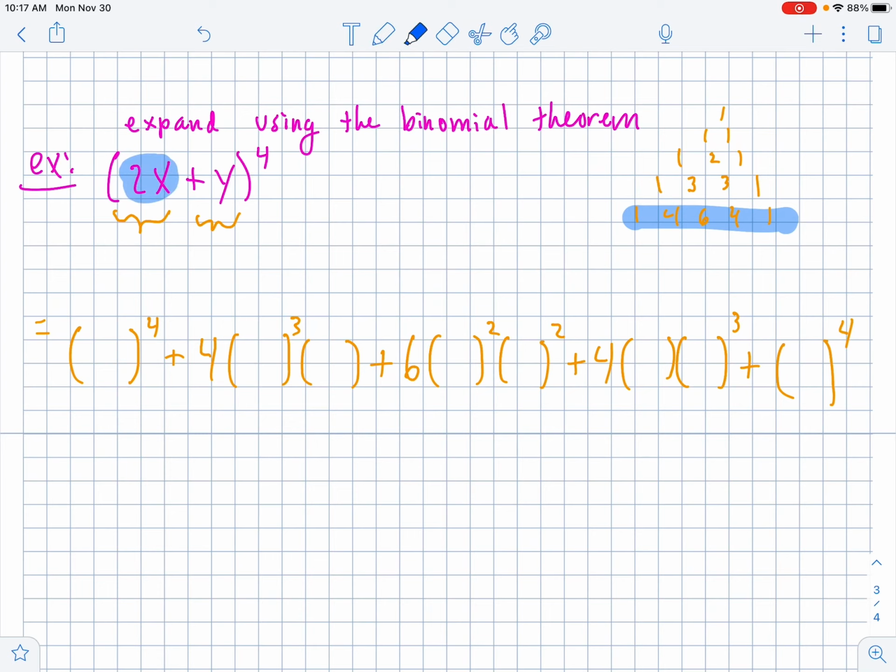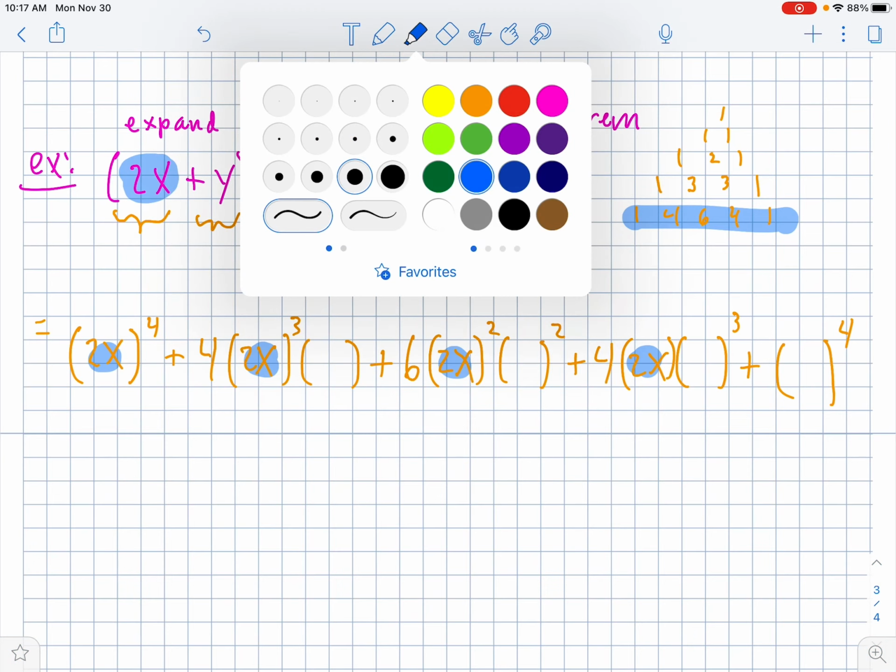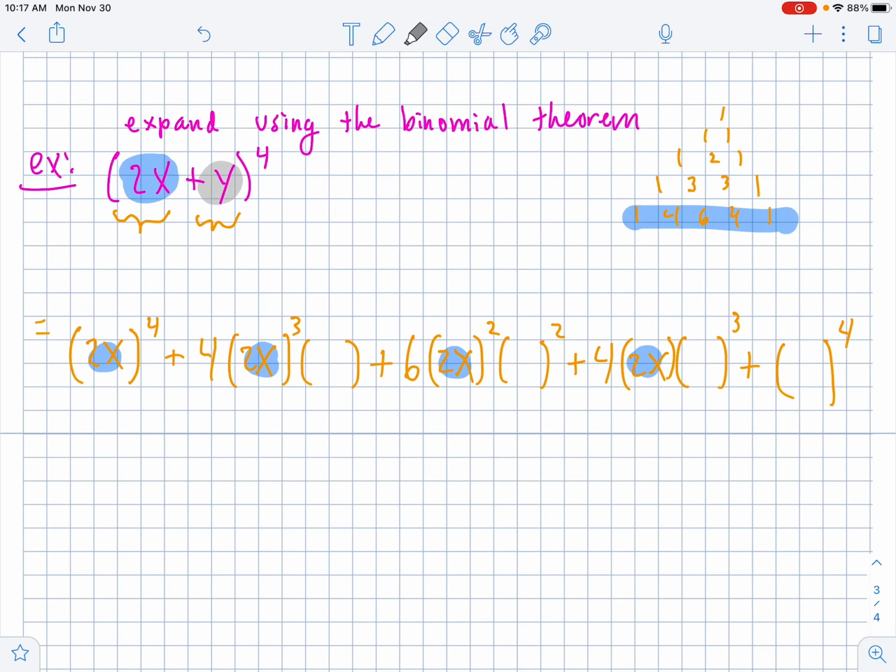Now, 2x is the first part of it. It's like the algebra chunklet that comes first. So all of those are going to go here. So I'm going to go ahead and put those in. That's 2x, 2x, 2x, 2x. Now, the things that go in the back are just going to be y's. So here, I'm going to replace all those with y's.